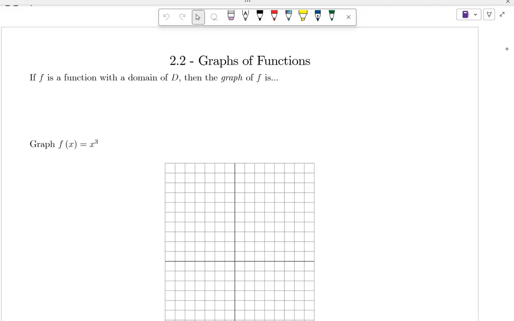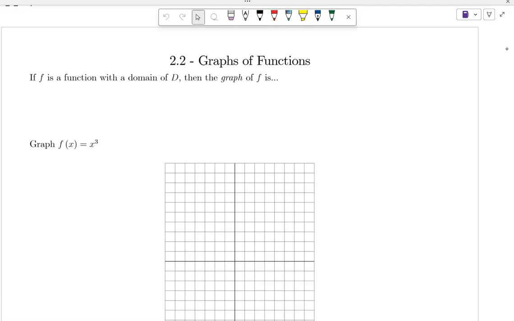So again, we think about functions. We plug something in, we get something out, right? For our purposes, the things that we're going to plug in are going to be our x coordinates. How far left or right are we? The things that we get out will be our y coordinates.